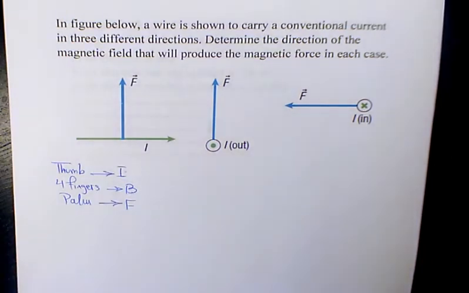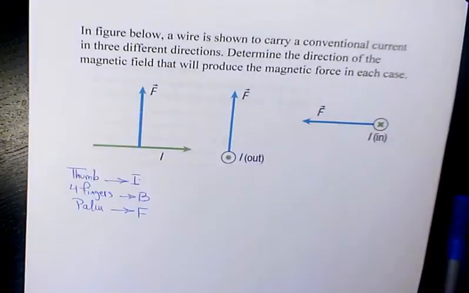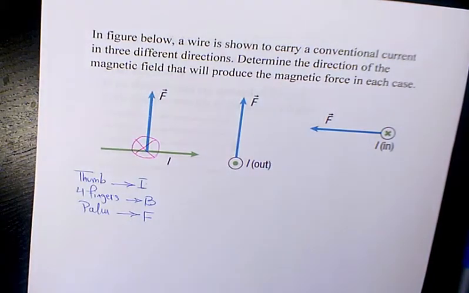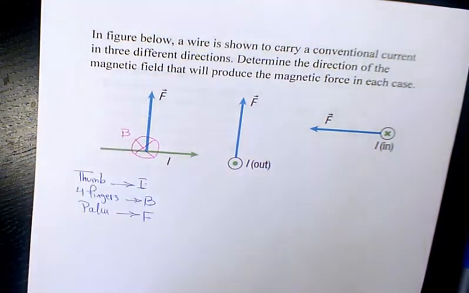If we show the thumb toward right and palm toward up, then four fingers is going to be into the page. So that's the direction of the magnetic field. It's going to be into the page.